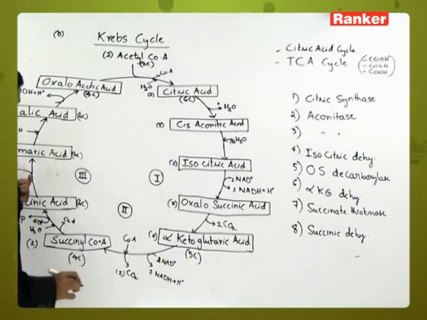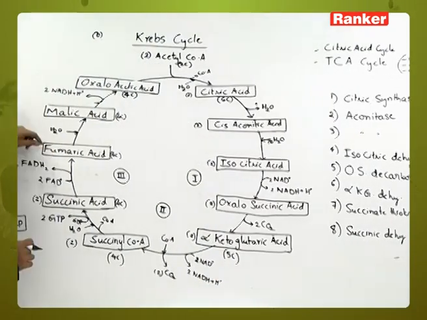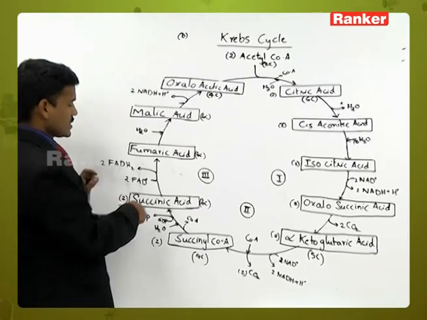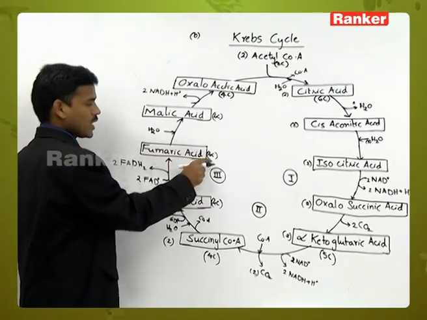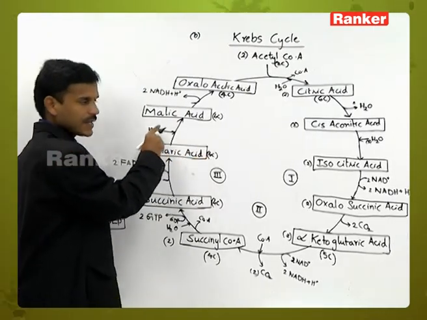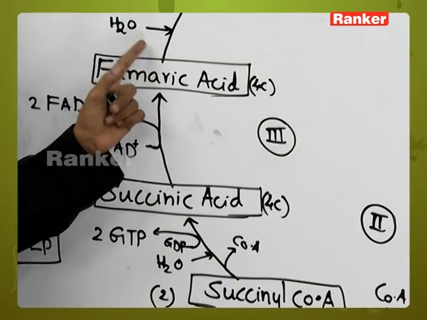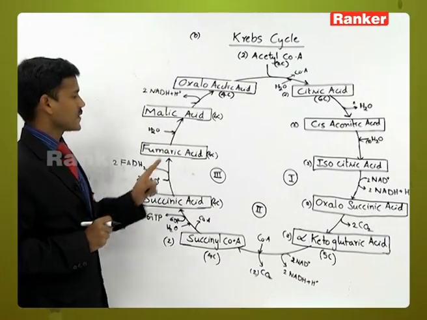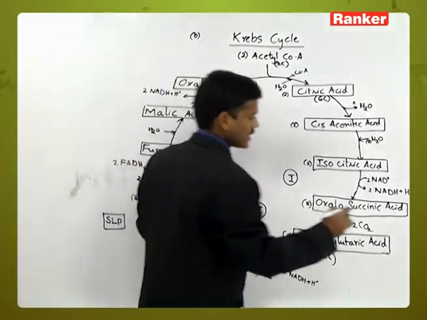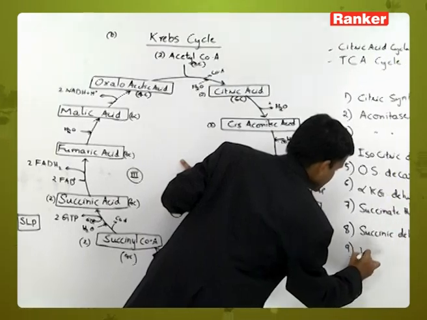The next product is fumaric acid. In this reaction, fumaric acid, a 4 carbon component, is produced, and in the hydration step a water molecule is added. When water is added, it is converted into malic acid. This reaction is catalyzed by the fumarase enzyme.